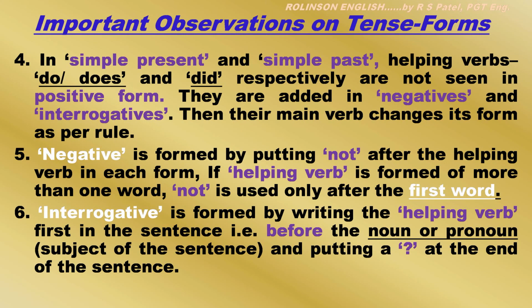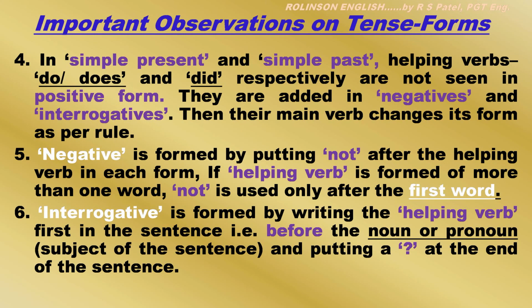Next observation is, negative is formed by putting not after the helping verb in each form. If helping verb is formed of more than one word, not is used only after the first word. It's also clear because you have been practicing it, right?